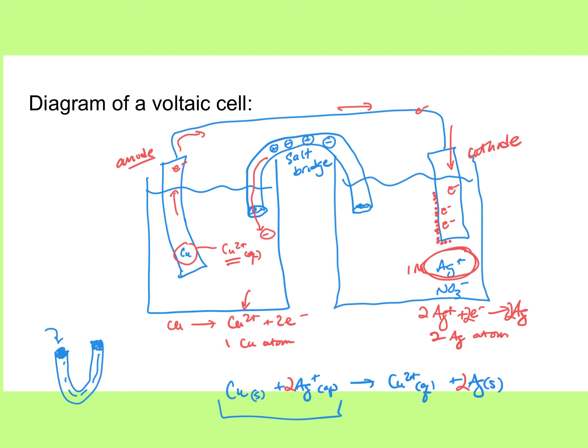I am losing positive ions in this other compartment, but I still have negatives remaining, and so positives flow in this direction to balance the charge. So the role of the salt bridge is to have positive and negative ions present that can flow to either compartment to avoid the buildup of a charge in those two compartments.